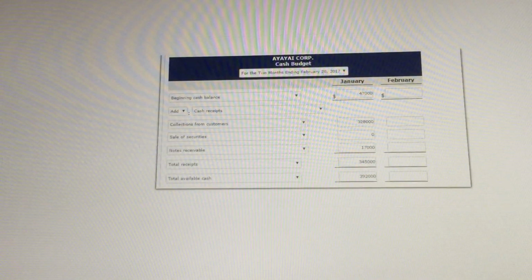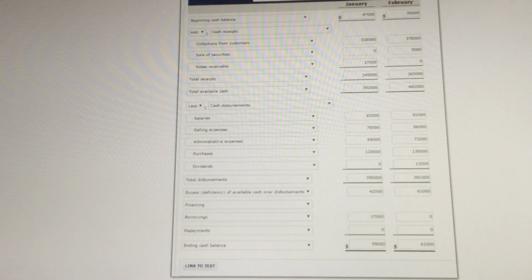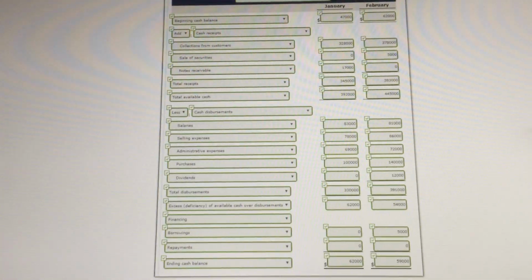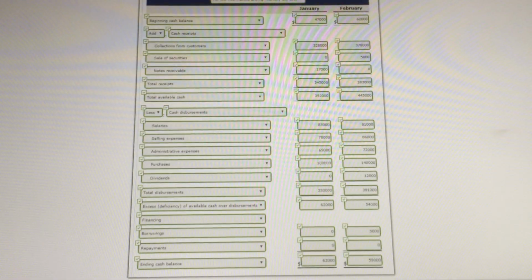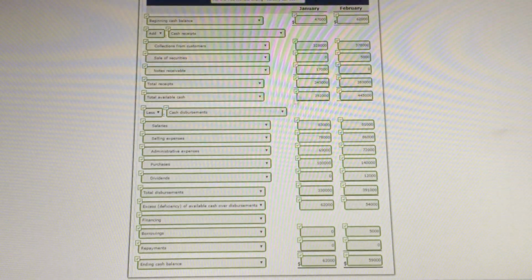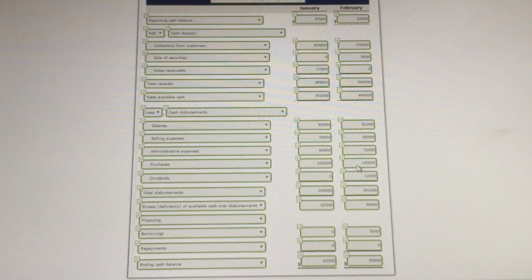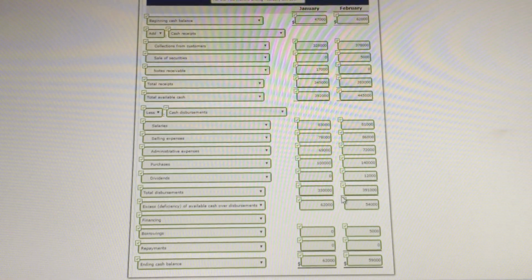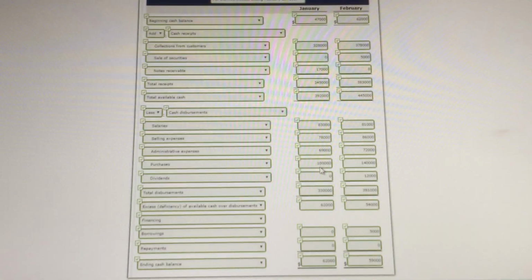So as we go back to my final, as you can see, that's my final amount. Here where the purchases are, I did the purchases for $100,000, and then the next month I did the purchases for $140,000.